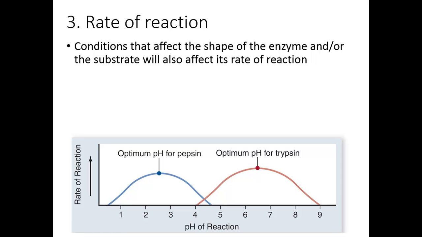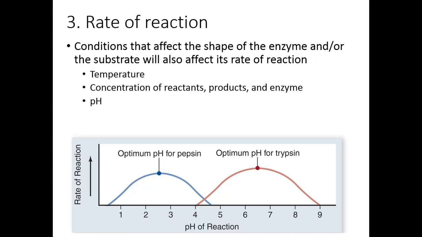Now, the enzyme usually only works within a range of conditions, and this is important for things like the human body because different parts of the body have different conditions. So there is usually an optimum in temperature or pH or other things that may affect the rate of the reaction for the enzyme. And we see that here. The optimum pH for pepsin is around 2.